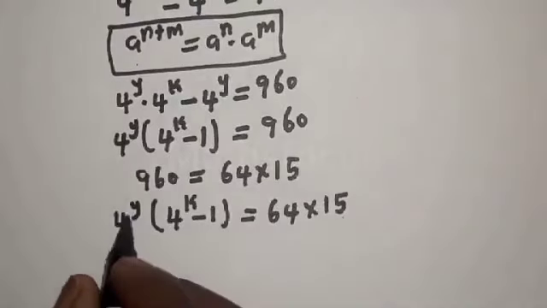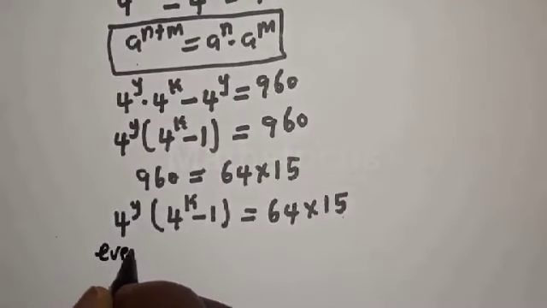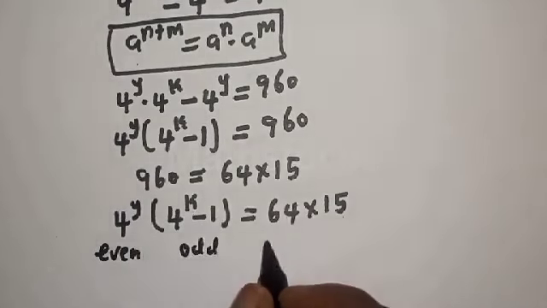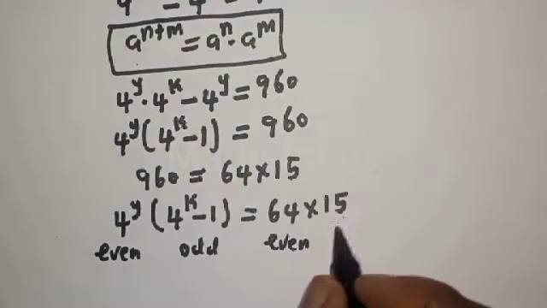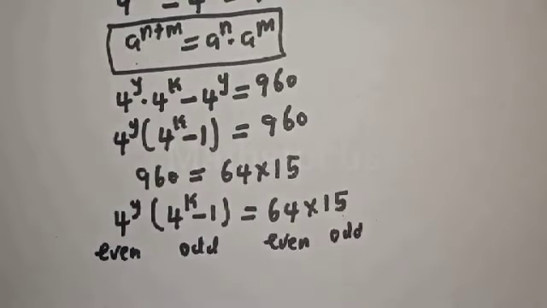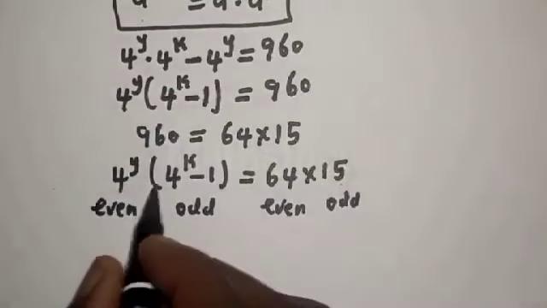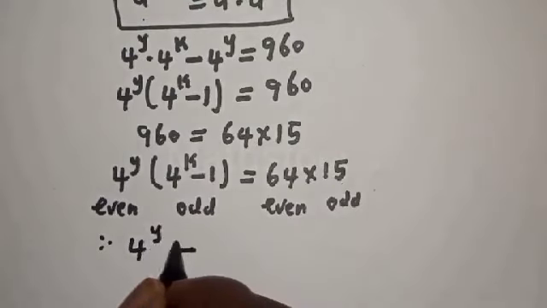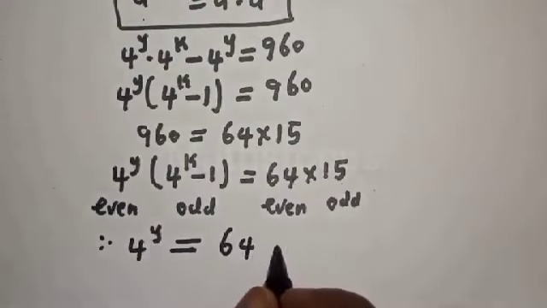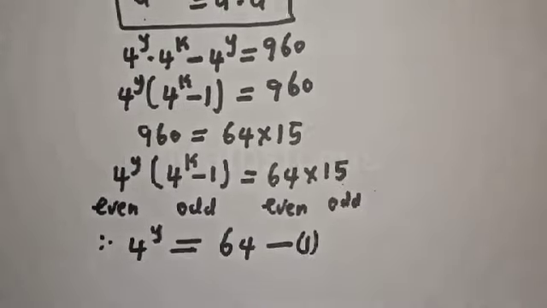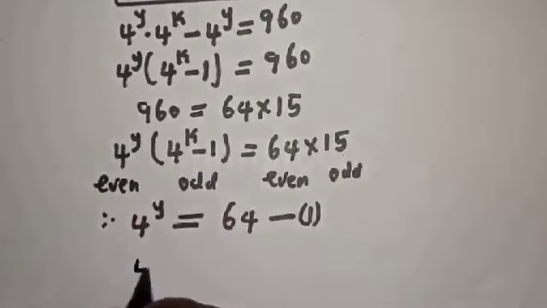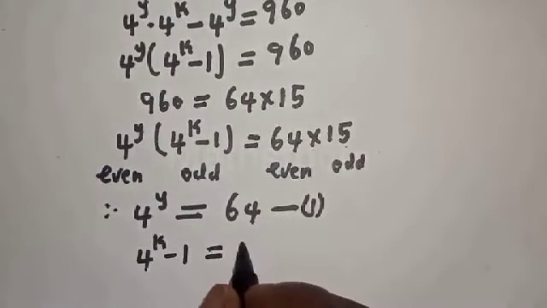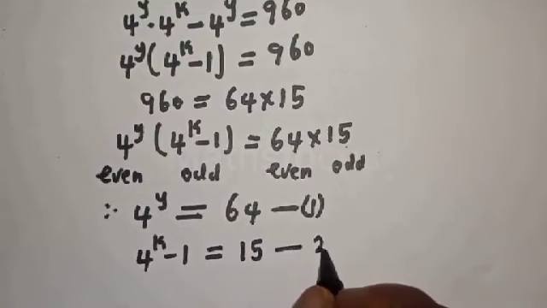Then from here, 4 raised to the power y is even. 4 raised to the power k minus 1 is odd. 64 is even and 15 is odd. Therefore, 4 raised to the power y is equal to 64. Let's call this equation 1. Then 4 raised to the power k minus 1 is equal to 15. Let's call this equation 2.